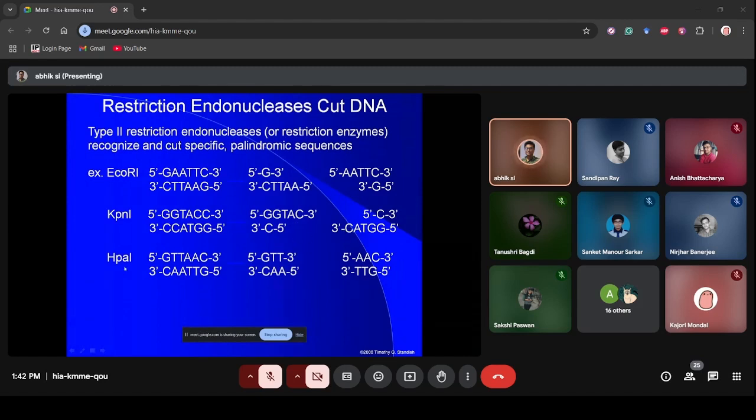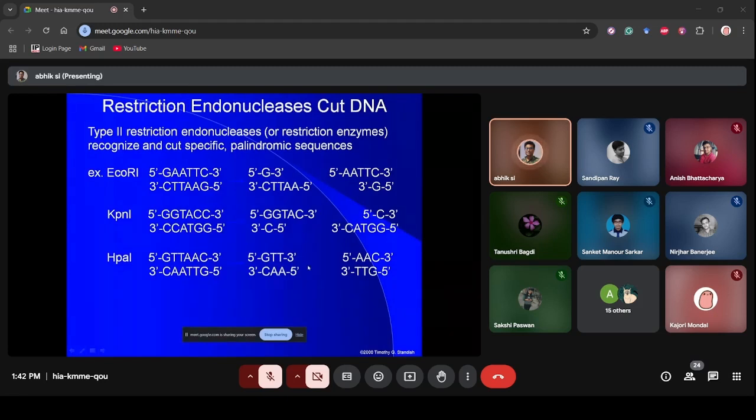But in case of HpaI, it will cut in between T and A, since this is 6 nucleotides long, and if I cut between the third and fourth, just in the middle, then the last one is T here and A is last here, so it doesn't have any single stranded extended part.